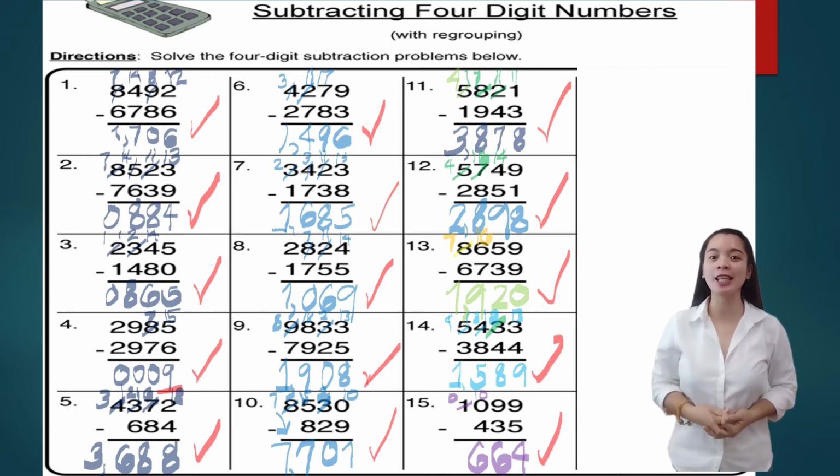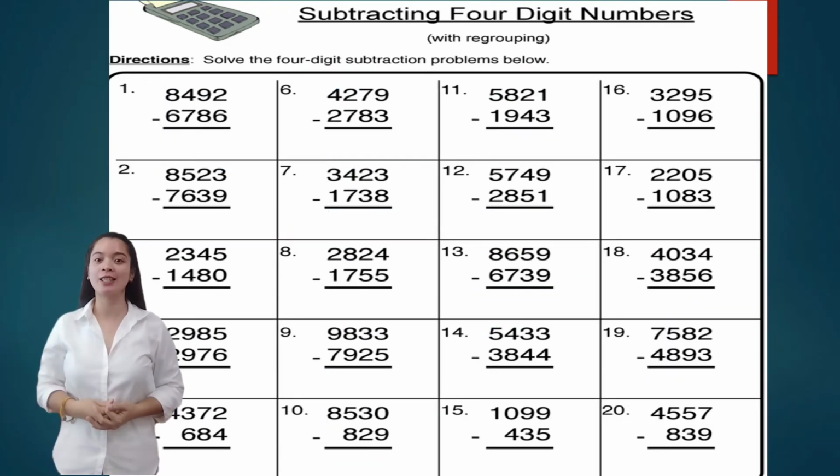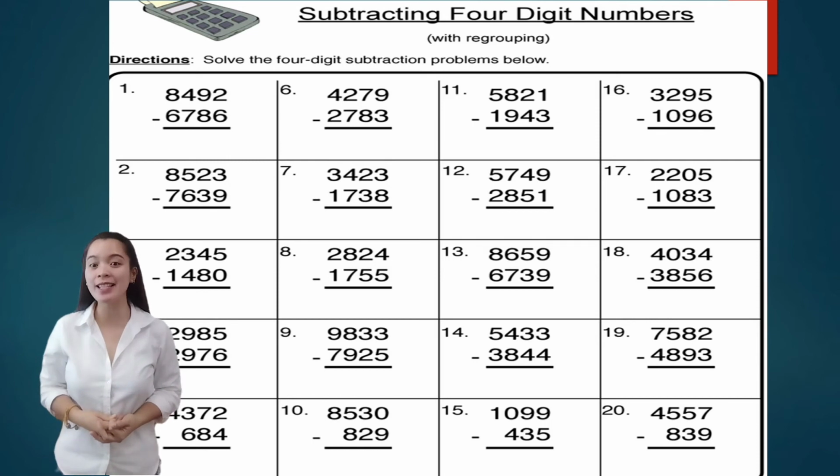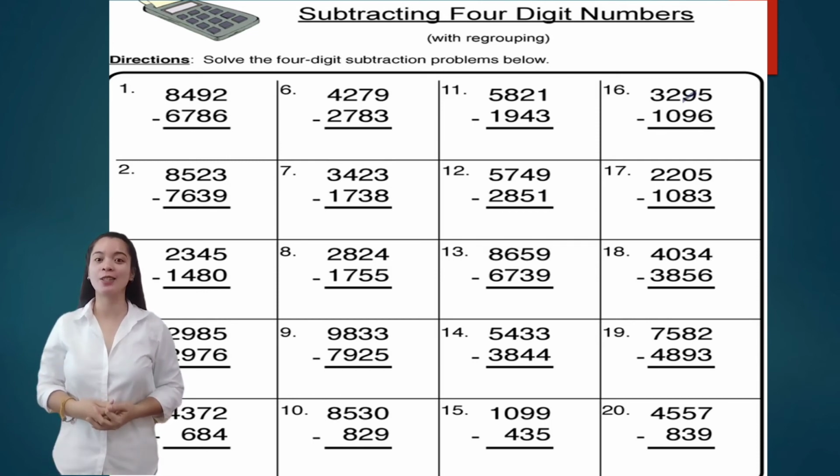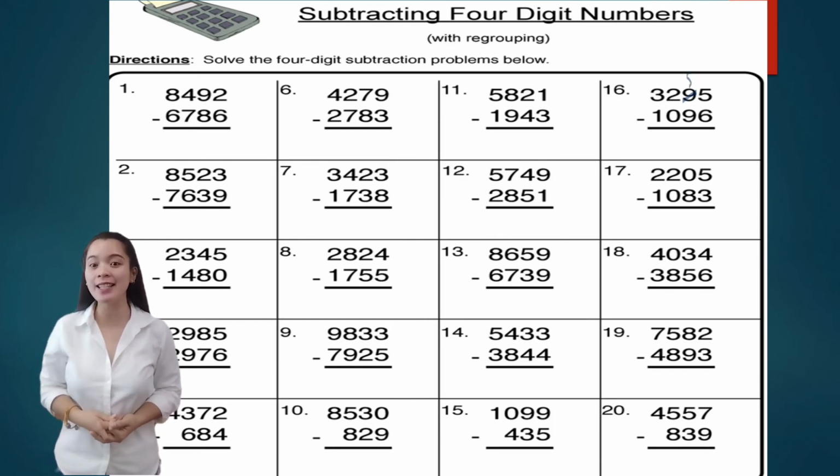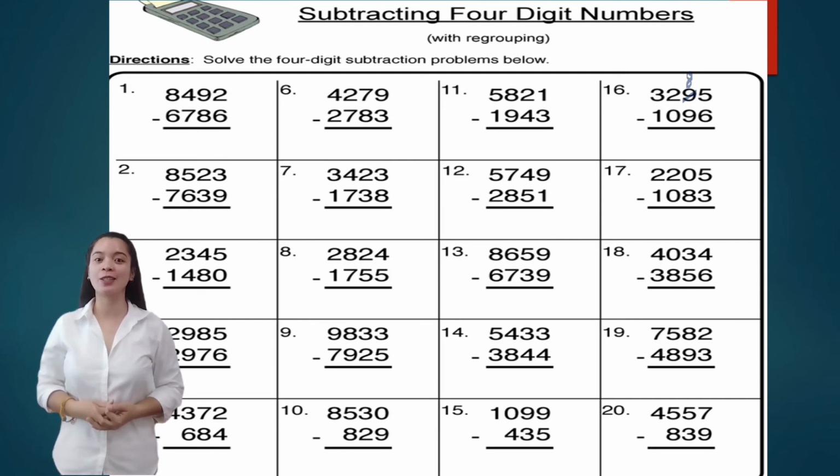Next we have, let's subtract. 5 minus 6 cannot be, so let's borrow from 9. 9 becomes 8, so let's write 8. And 5 becomes 15.